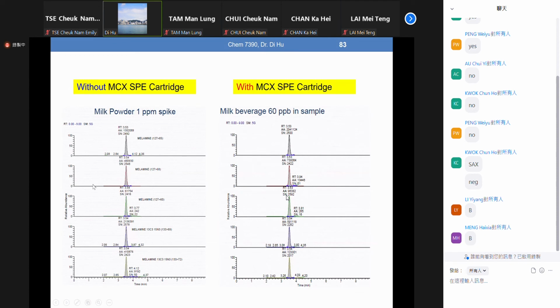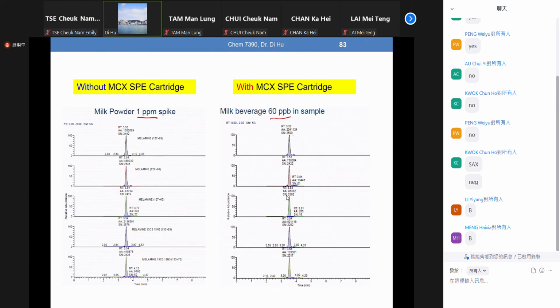Okay, so this shows you the result without sample cleanup, and this is with sample cleanup. This is milk powder containing 1 ppm. This is just 60 ppb, but 60 ppb with the SPE cleanup.